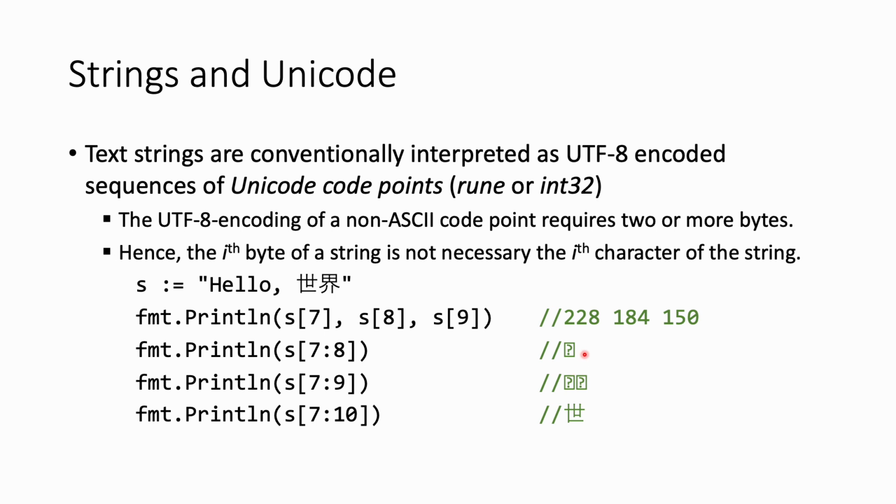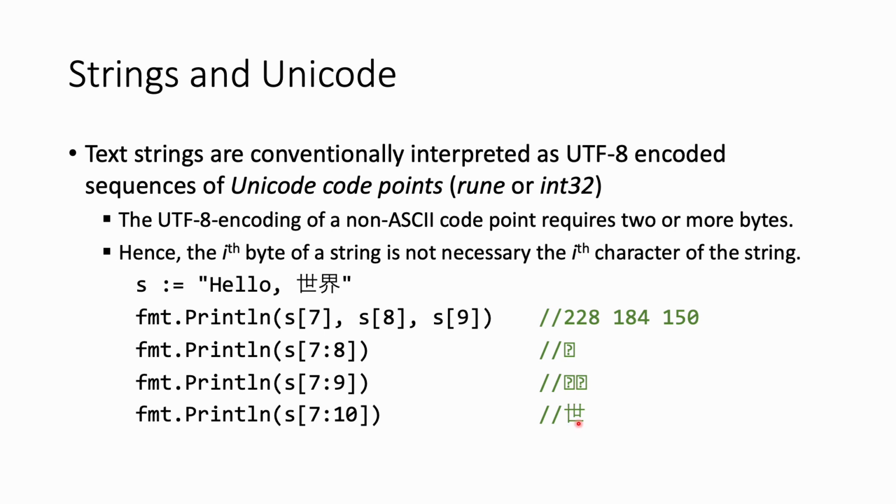As you can see, the interpreted text for the substrings consisting of just 1 or 2 bytes starting from index 7 of string s does not correspond to any Chinese characters in string s.